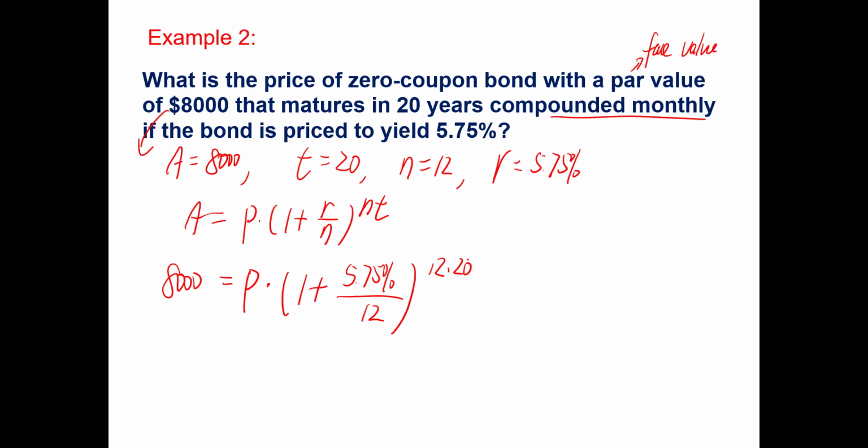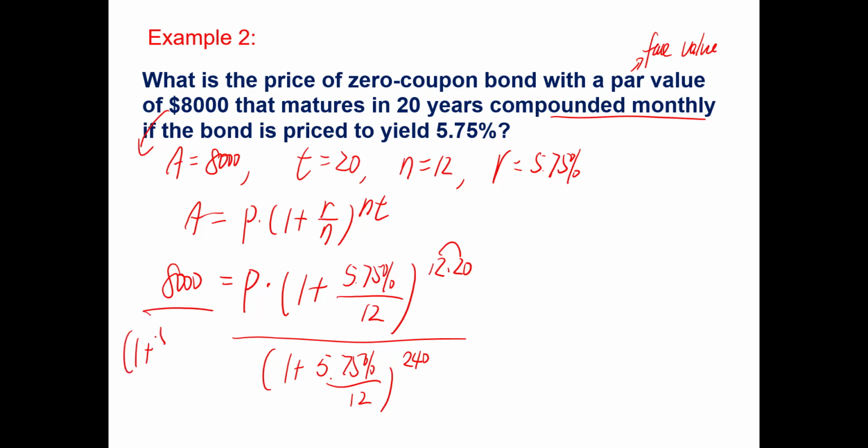And we can just divide both sides of the equation by the exponent term, 1 plus 5.75% over 12 raised to the 240 power.